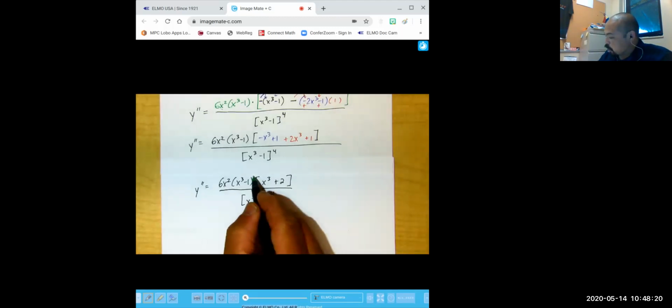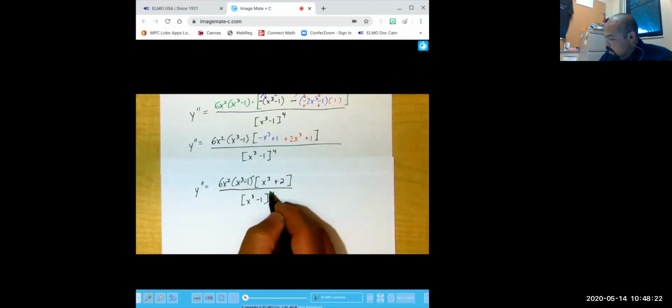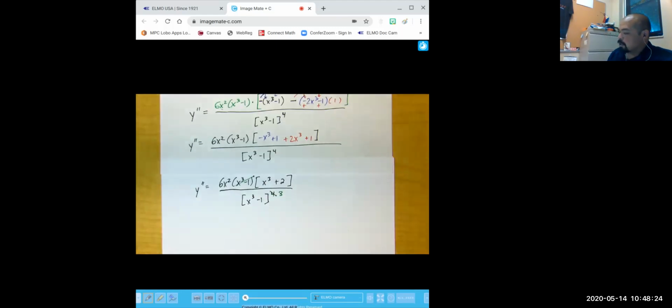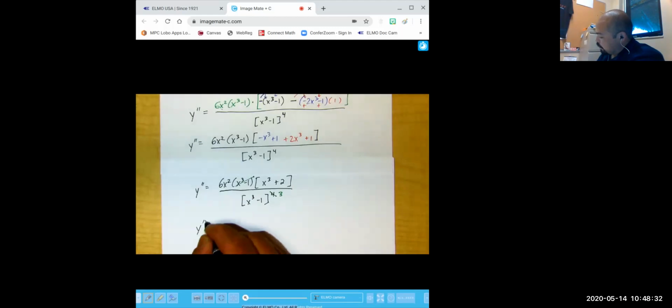This x cubed minus 1 can cancel with one of these. That drops it down to an x cubed minus 1 cubed. I can't do anything with the 6x squared up front. So now for my second derivative, at least, 6x squared times x cubed plus 2, all over this x cubed minus 1 cubed.